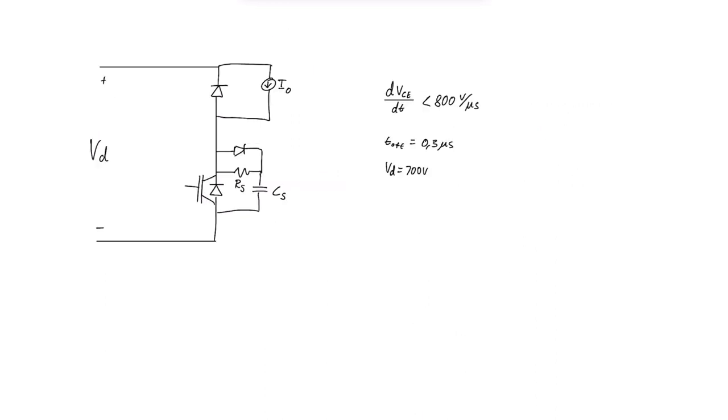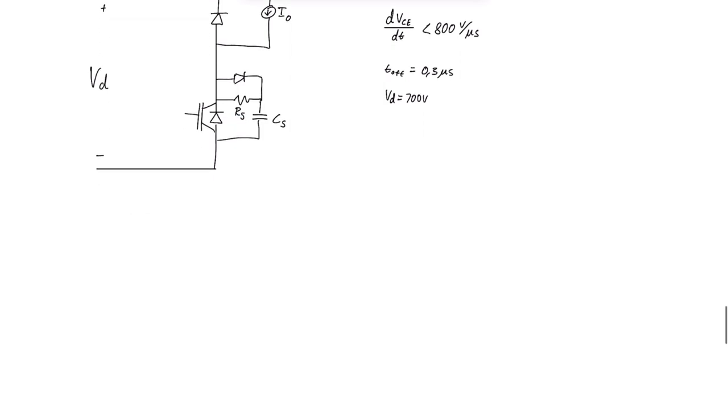So we can first try to find the capacitance. And in order to find the capacitance, we need to look at the change of voltage in the capacitor over time, because that is going to be equal to the change of voltage in the IGBT, because the RS is now short-circuited.